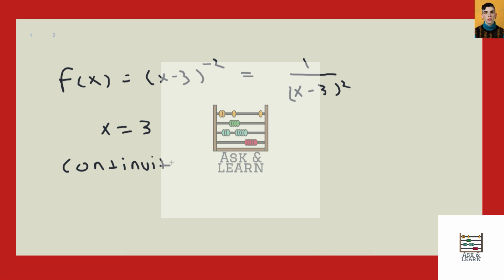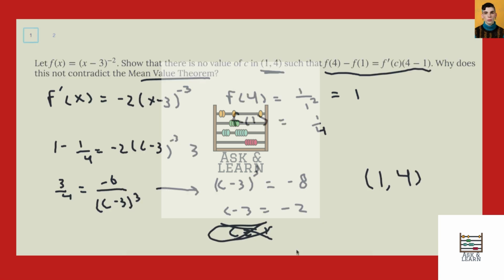And differentiability at x equals 3 also does not exist. So now you have both conditions of the mean value theorem failing with this function, and that explains why this value of c equals 1 does not fit in our interval.